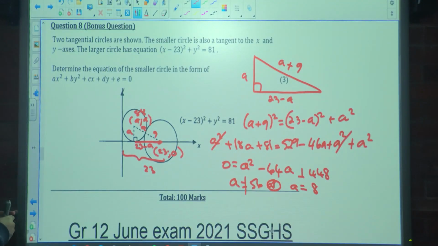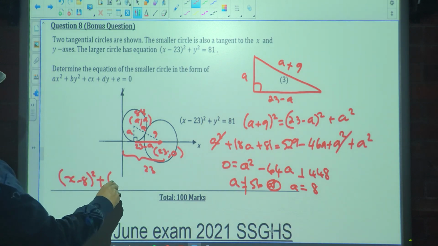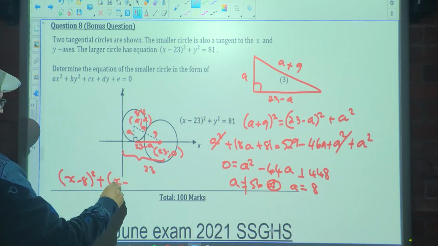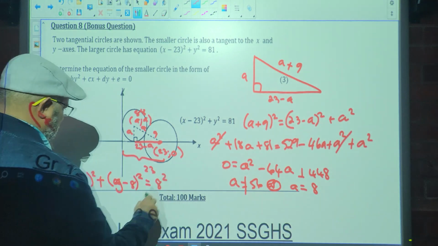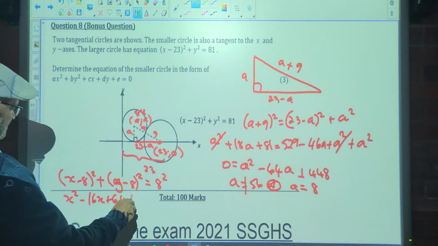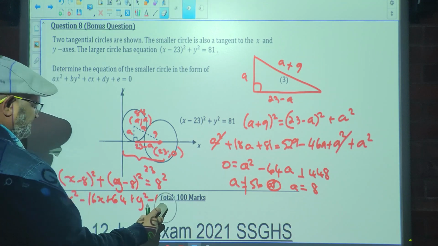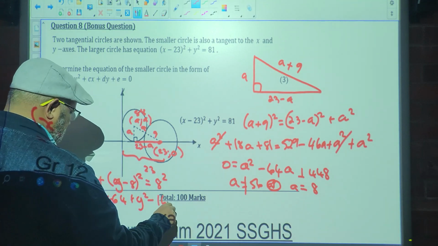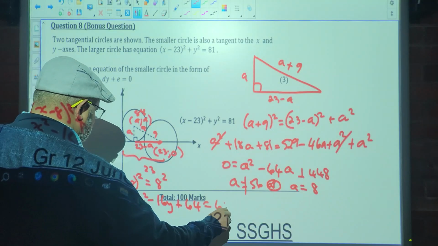So with that information I can now say that we got (x minus 8) squared plus (y minus 8) squared is equal to your radius squared, which is 8 squared. So it's going to be x squared minus 16x plus 64 plus y squared minus 16y plus 64 is equal to 64.